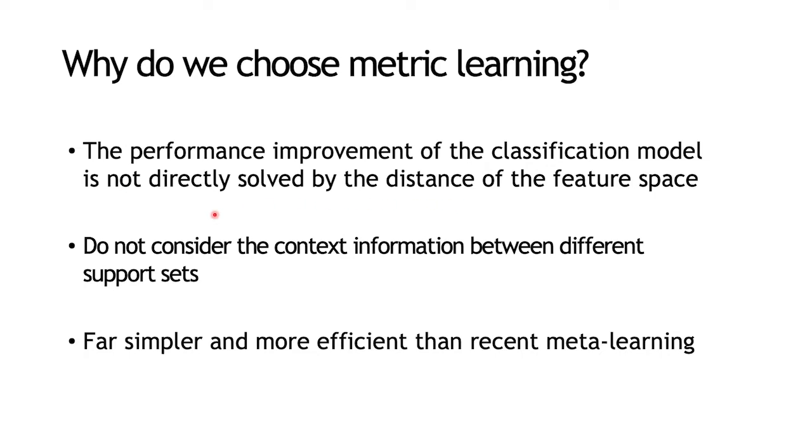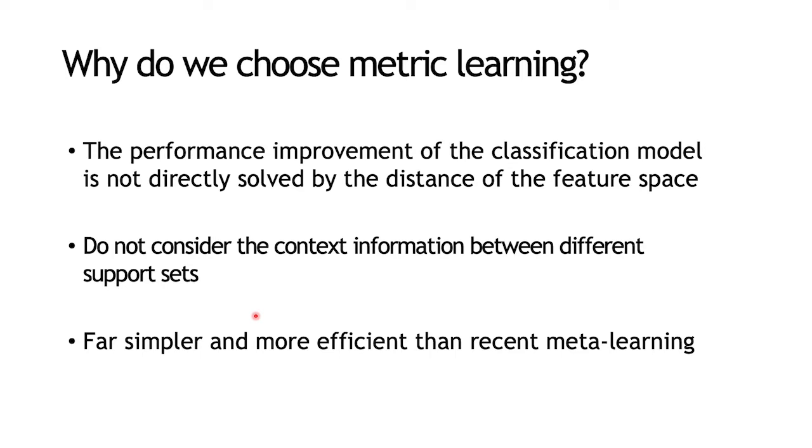Therefore, inspired by the work of finding task-relevant features by category traversal, we attempt to improve the classification performance by considering the context information between different support sets within the whole task.